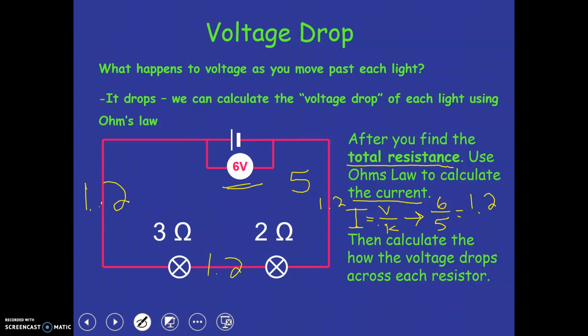So then we're going to calculate how much voltage drops across each resistor. So essentially we're going to use voltage equals the current, which is 1.2, times this resistor, which is 2. So 2.4 would be the voltage drop.